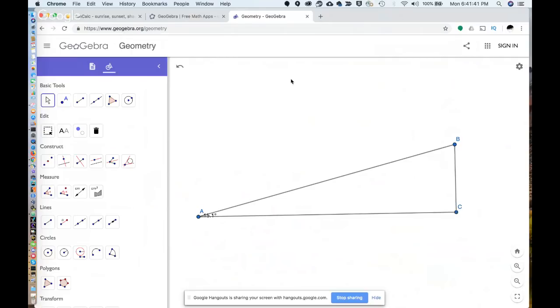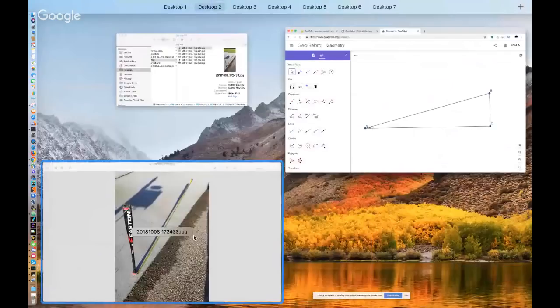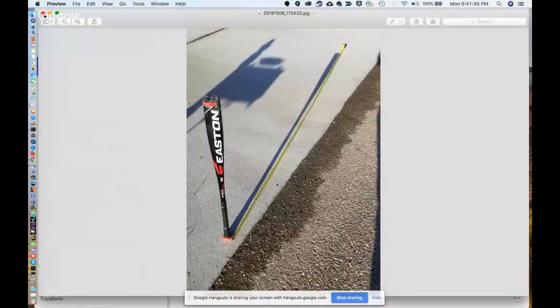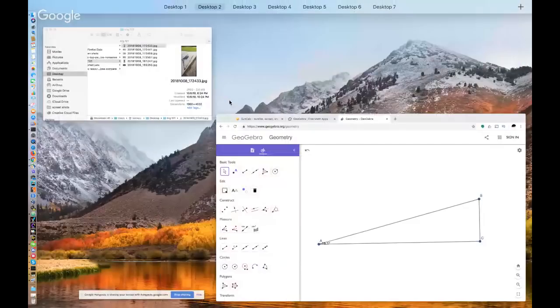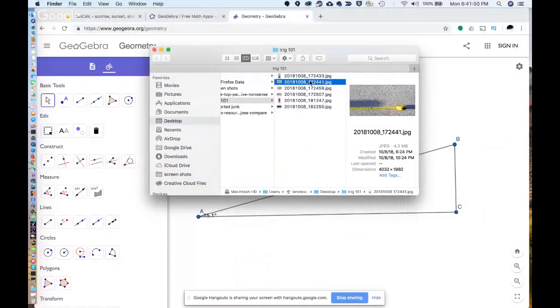So what's the length of AC? Let's look at our photographs. Okay, so the length of AC, see the one I took at 5:25. It's that one.